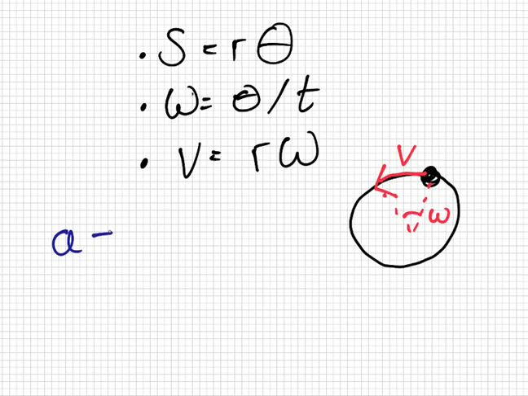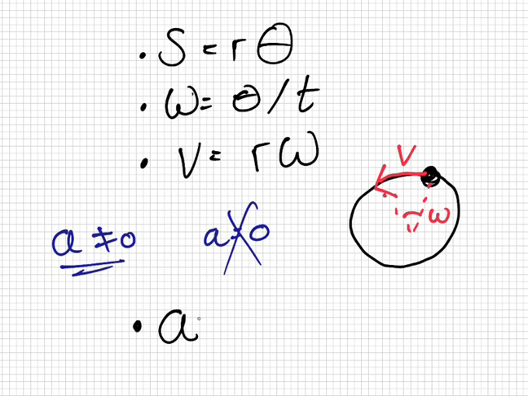So A is not 0, because it's changing direction. Did you do this in the SAP? Yeah. So this does have acceleration because it is changing its velocity. It's changing its direction. So it does have an A.